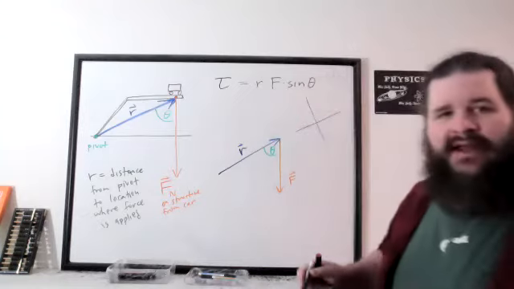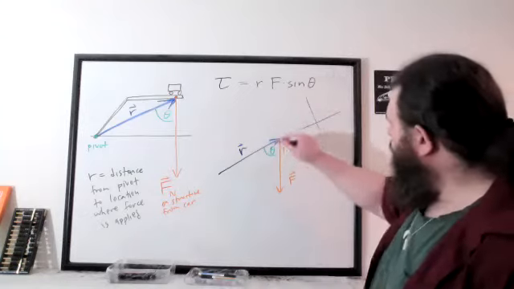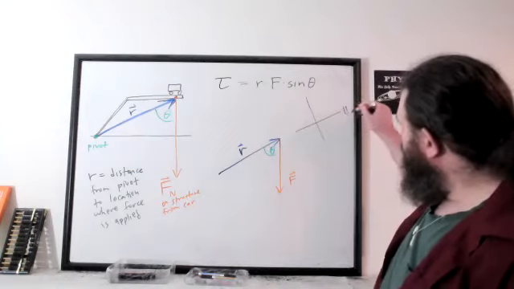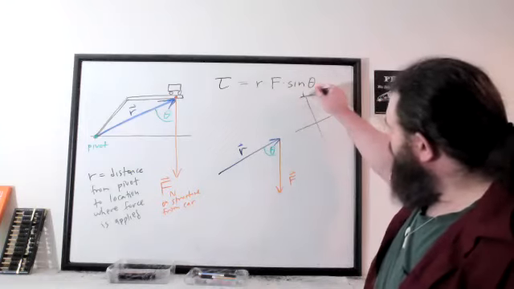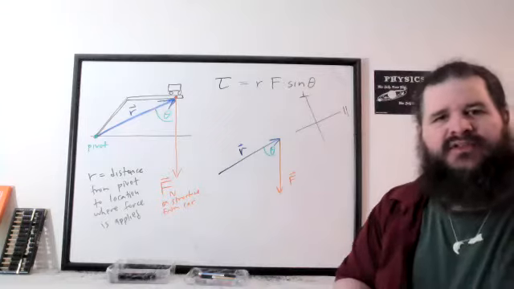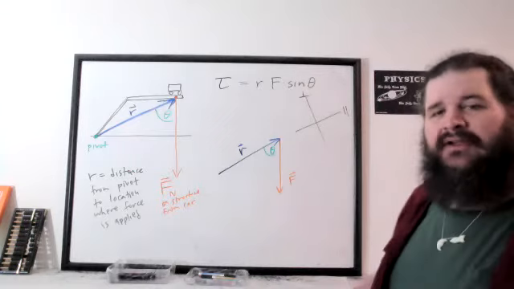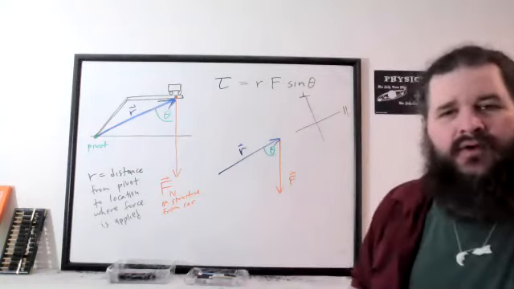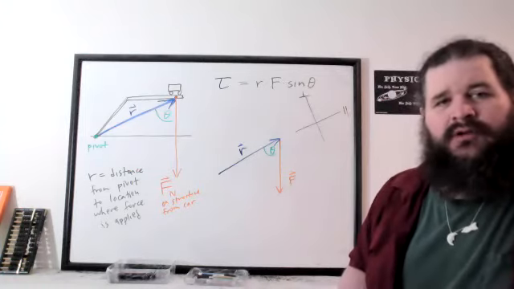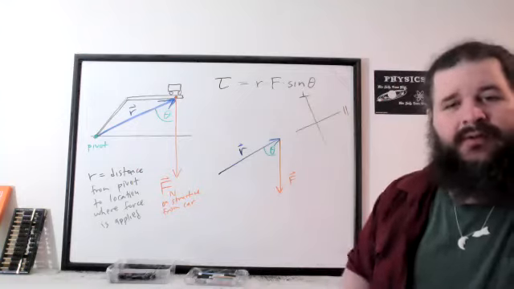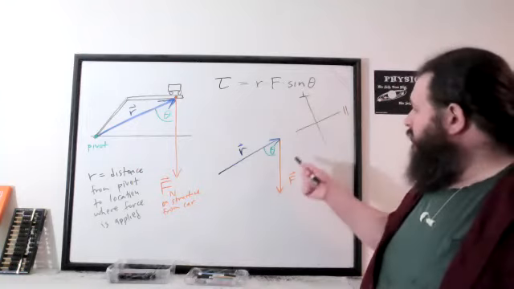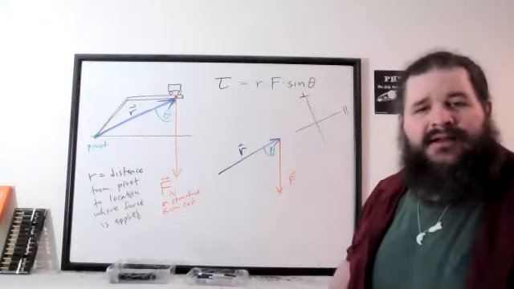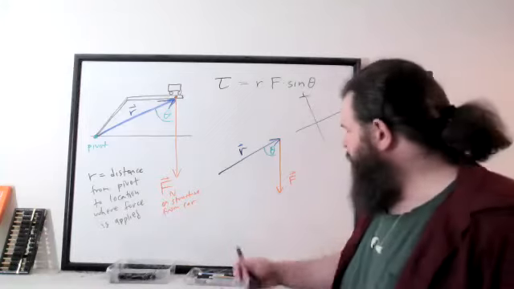So instead of the usual x and y axes, we're going to have a parallel axis and a perpendicular axis. And sometimes these axes are called x and y anyway. I usually call them the parallel axis and the perpendicular axis in order to avoid confusion with the usual horizontal and vertical x and y axes. But we're going to be splitting the force into a parallel component and a perpendicular component.